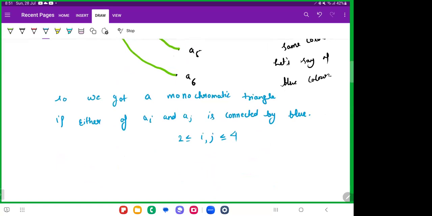So we got a monochromatic triangle if either of Ai and Aj is connected by blue.